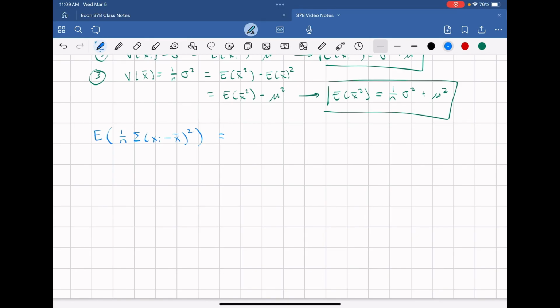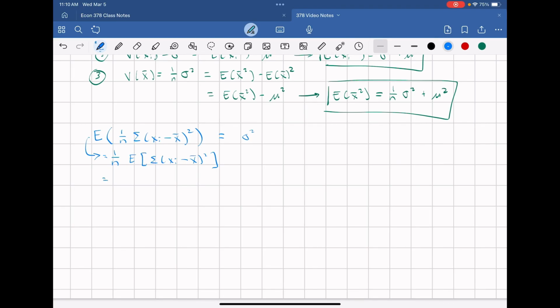And we want this to equal, at the end, sigma squared. And so we'll see if it does. Okay, this is our goal. Let's erase that line so it doesn't get in our way. So this is equal to, I'm going to pull out the 1 over n, the expected value of the summation of xi minus x bar squared.